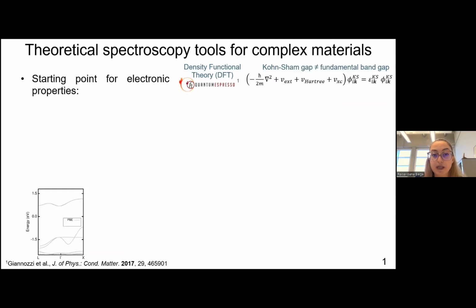So what I am doing is theoretical spectroscopy for complex materials.